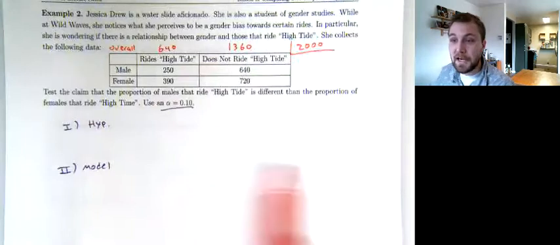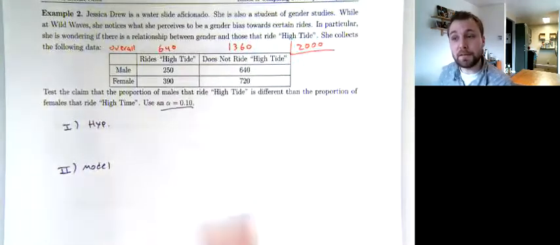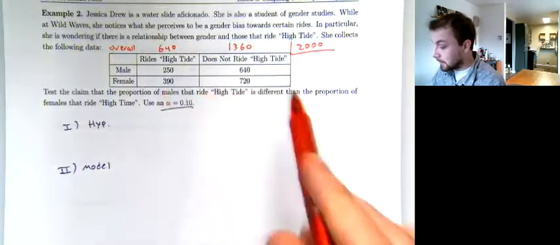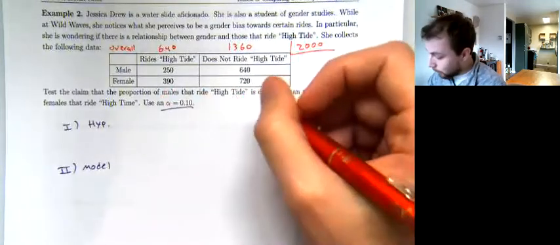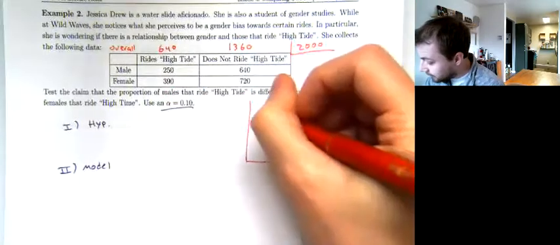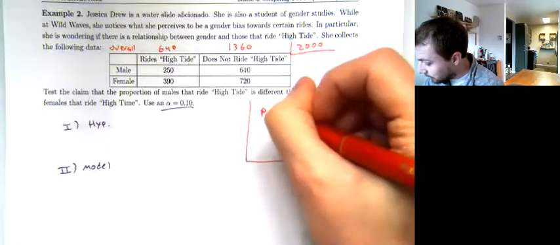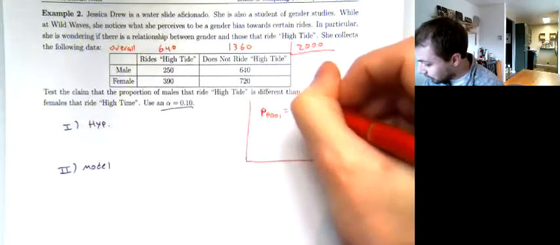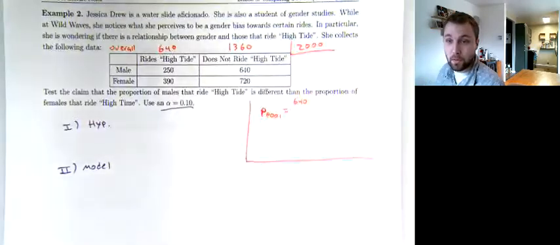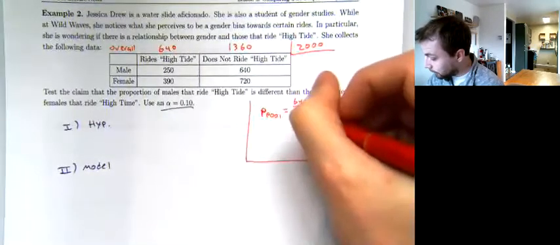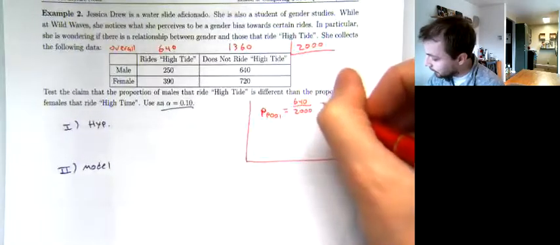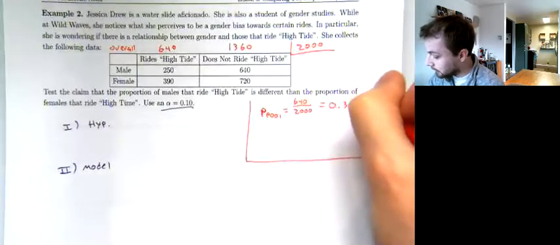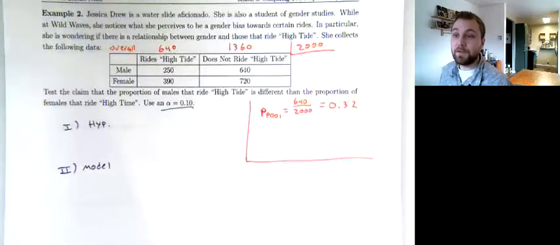These tables have a name. These are called contingency tables. And from this contingency table, I can see my overall success rate. So my pooled success rate, if I cannot tell the difference in gender, 640 people rode the ride out of 2,000. That gives me a success rate of 32%. Now, the individual success rates for male and female might be different.